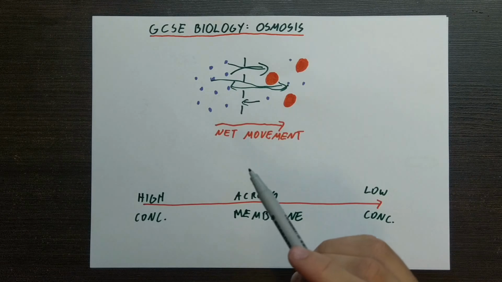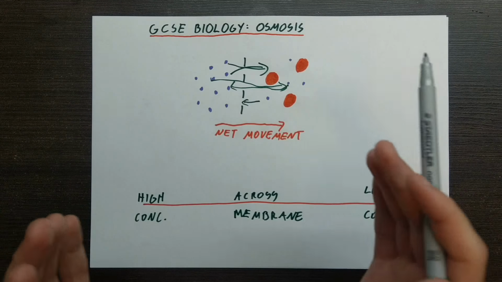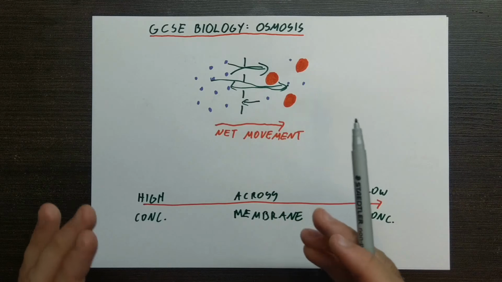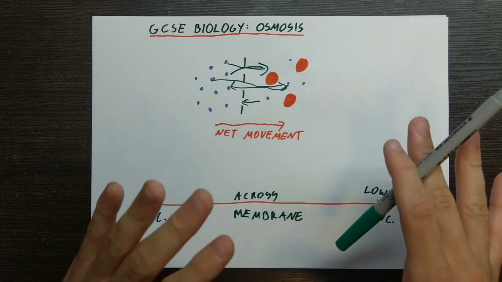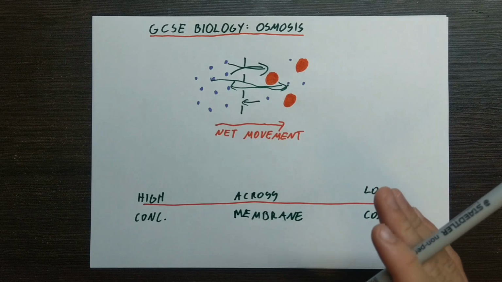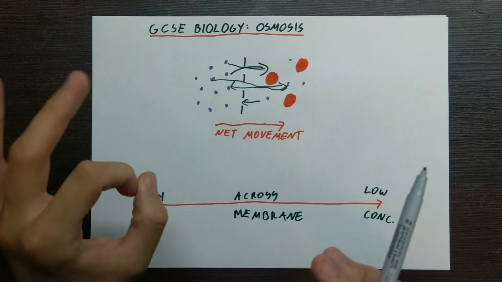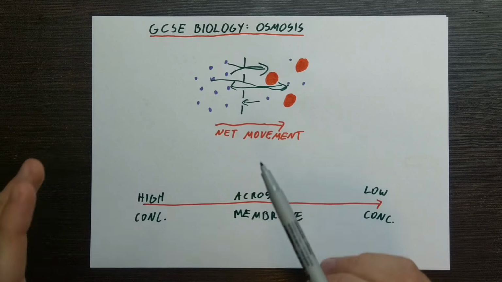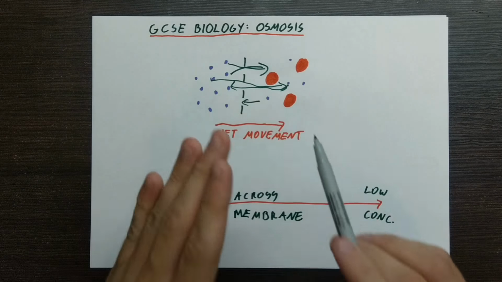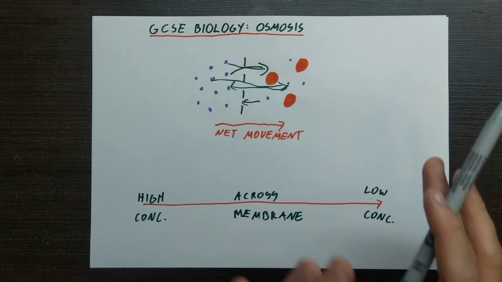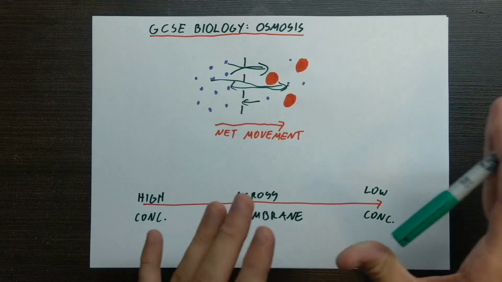Now, so the concept is simple enough. It's like diffusion, but it concerns water. The way to avoid any mistakes is to have this crystal clear in your head. When you're talking about osmosis, we are talking about diffusion for water. When we are talking about diffusion, we are talking about diffusion for sugars and other stuff.